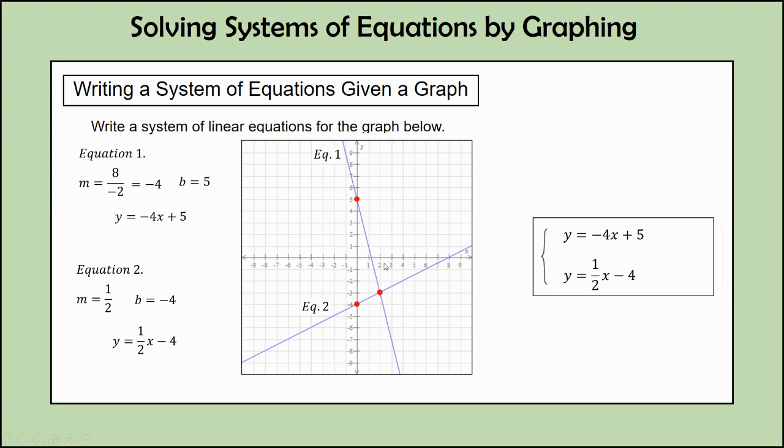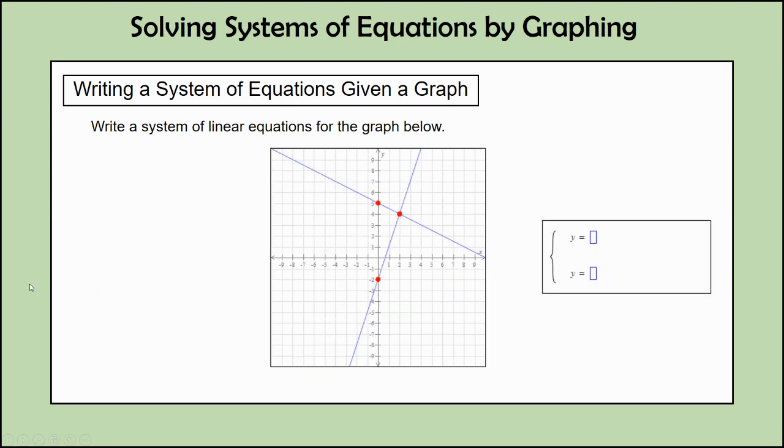We know the intersection, which is the solution to the system, is at 2, -3. If you put 2 in place of x and -3 in place of y, it makes it true. -8 plus 5 is -3. 2 in place of x, -3 in place of y. 1/2 times 2 is 1. 1 minus 4, -3. So you can check to make sure your system is correct, but that's what they want.